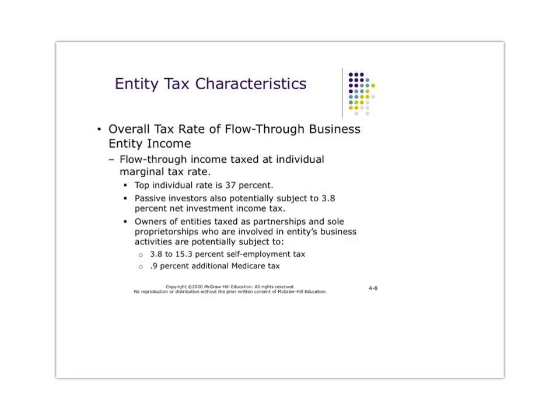Self-employment taxes impact people who are operating flow-through businesses, because income is taxed at the individual marginal rate, and the top rate is 37%. Passive investors are also potentially subject to a 3.8% net investment income tax.